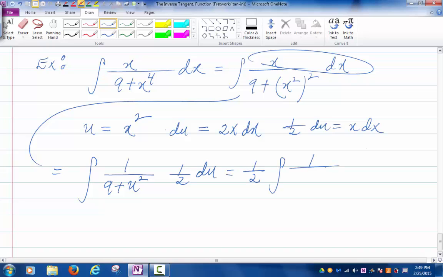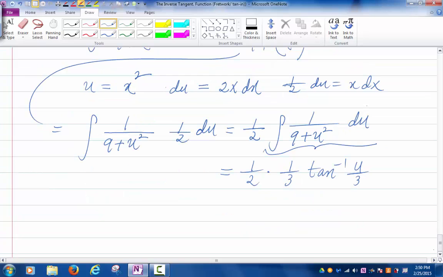integral of 1 over 9 plus u squared du, and this would be equal to 1/2 times, we know this integral is the first integral that we computed, and that was 1/3 tangent inverse of u divided by 3, and finally I get 1/6 tangent inverse, what was u again? x squared over 3 plus c.